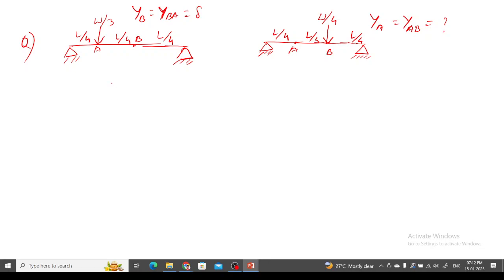According to Maxwell's reciprocal theorem, WA into YAB, which is the deflection of point A due to load acting at point B, is equal to WB into the deflection of point B due to load acting at point A. So if we apply this, the load acting at point A is W by 3, and YAB is what we have to find.